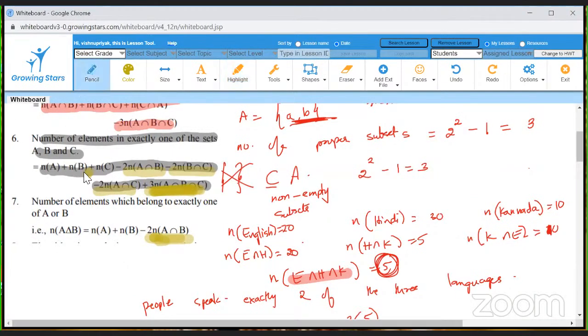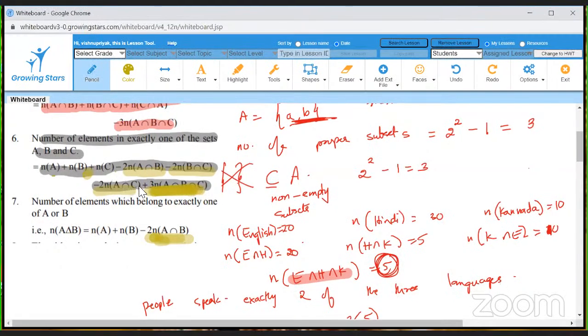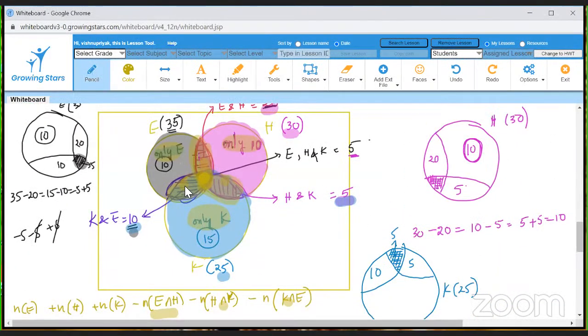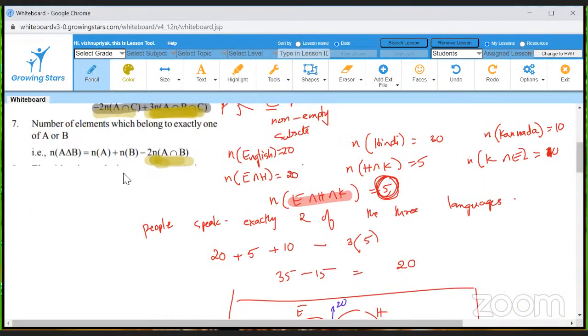The one which is given in this n of A plus n of B plus n of C, this is the shortcut. But this which I've explained to you, only one language, this is the long way. If you feel difficult to understand the shortcut formulas, it is not necessary to understand them.